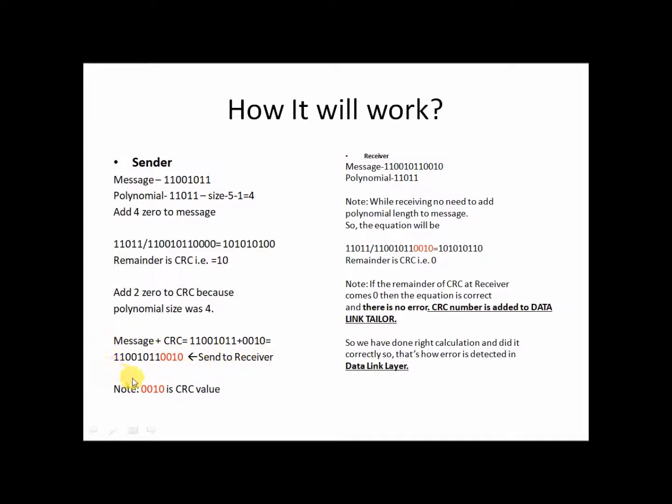This number will be sent to the receiver, and this is the received message. This polynomial will be further divided by this number, and you will get the remainder of the CRC as 0, and this means there is no error that has been detected.